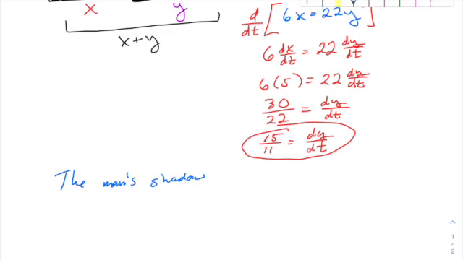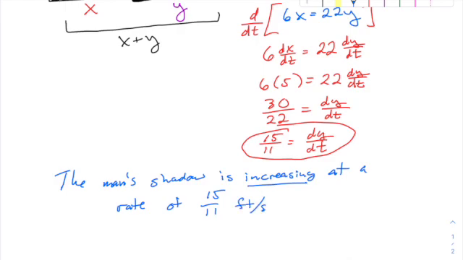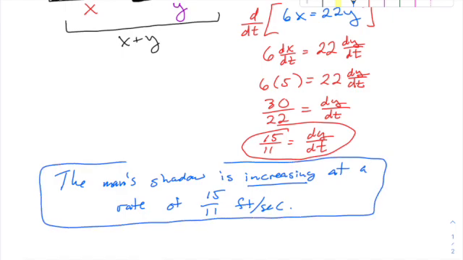So the man's shadow is increasing. That's a positive rate of change. If it was a negative, I'd say decreasing. Is increasing at a rate of 15 elevenths. And what are the units in this? Feet per second. Okay, so there we go. Pretty short and sweet, pretty direct.